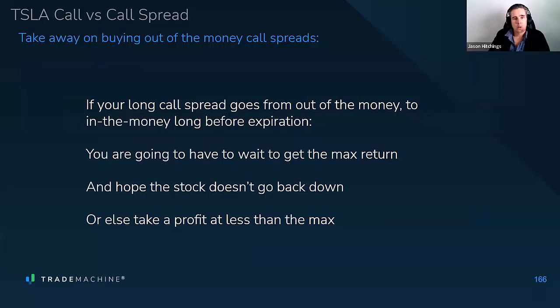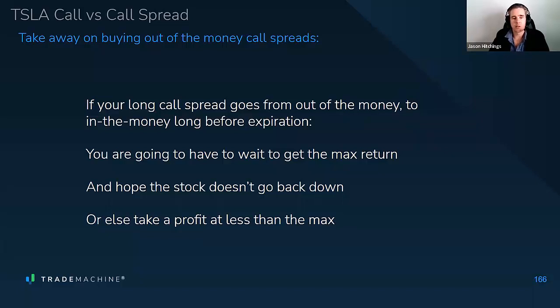Okay, so takeaways. If you have a long call spread, and when you bought it, the option you bought was at the money or a little bit in the money, and you sold one that was way out of the money, when that stock goes way up, your position's going to go up in value, but to realize the total value, you're going to have to wait till you get pretty close to expiration and hope that the stock doesn't go back down, or else you can just take your profit.